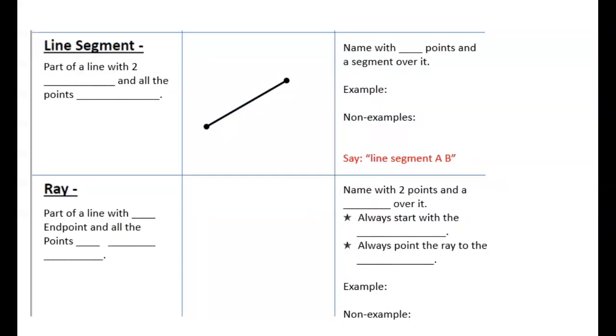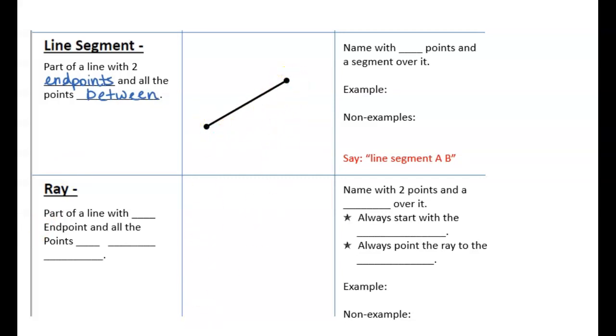Next up is a line segment. A line segment is a part of a line with 2 endpoints and all the points that are between. So it looks very much like a line because it's part of a line, but we do have these 2 endpoints instead of arrows.